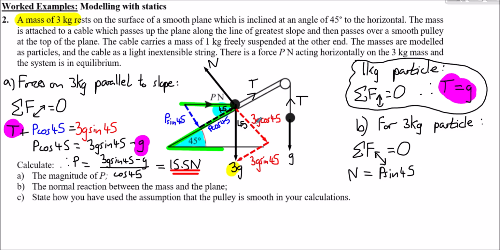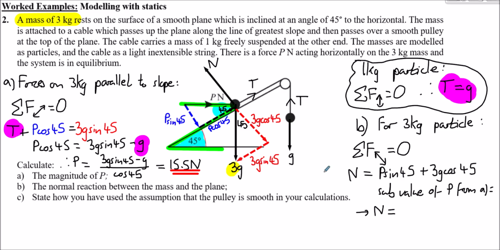And as well, the 3g cos 45 force, the component of the weight perpendicular to the slope. So just remember to sub P equals 15.5 from part A. So sub in the value of P from A. That'll tell us what N is.